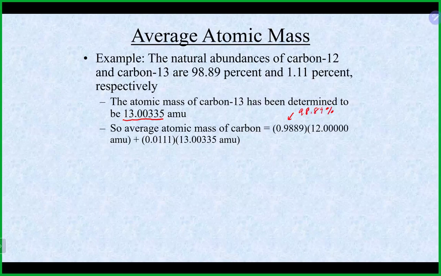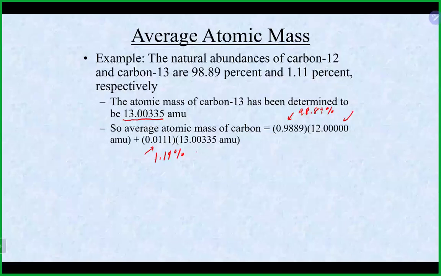You could obviously divide it by 100 or just move the decimal place 2 places to the left. Times it by the first isotope's mass, which is carbon-12. This is our 1.1% converted into a decimal, times the atomic mass of our second isotope in this particular case. And if you do that, you do get the 12.01 that we do see on the periodic table.